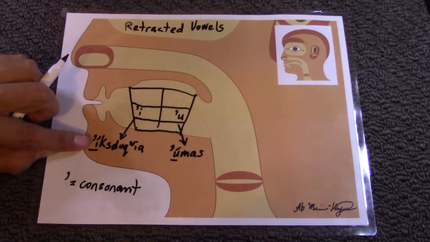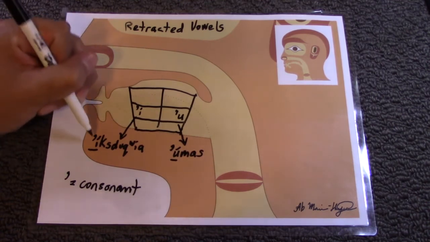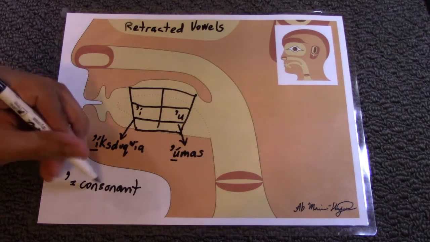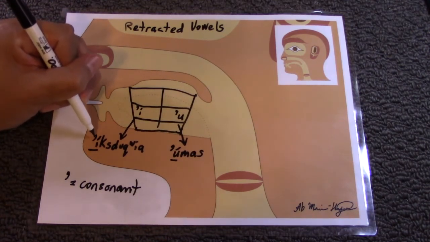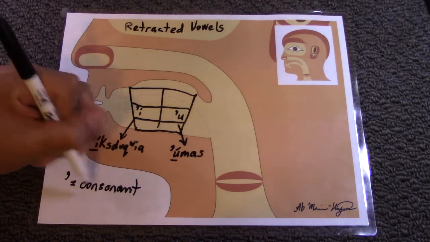And we can't put a letter in front of it or else it'll change the meaning. So putting an apostrophe in front of it serves as kind of a substitute consonant. So once we put an apostrophe in front of it, it's considered to be a consonant, so it can start a word.